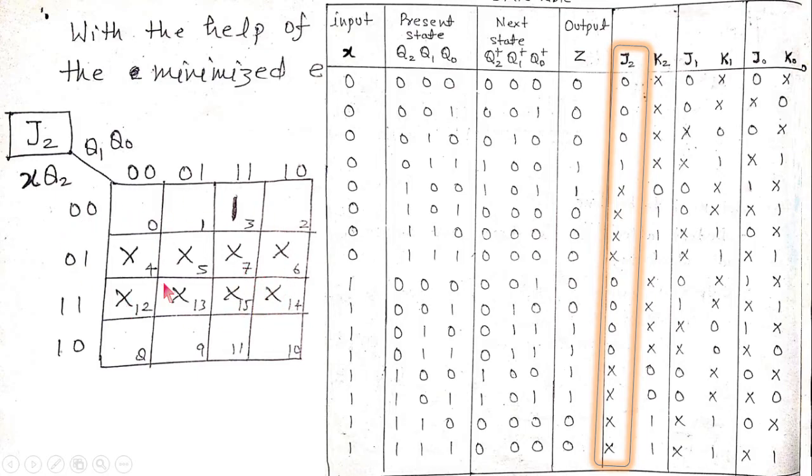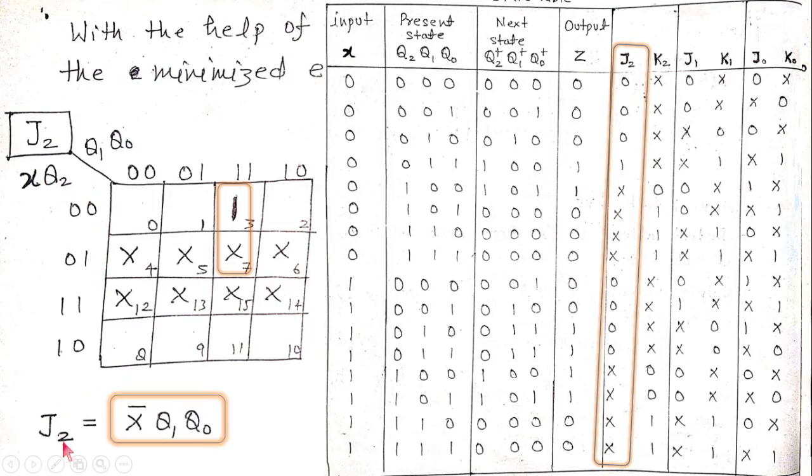Now the next procedure is making the octet or quad or pair or singlet. So here, if we combine this 1 with this x, we can make a pair, because if we make a pair we will reduce one variable. So let's make the pair and write down the expression. 1 1 means Q1 and Q0 will be in the expression, and here 0 0 and 0 is the same, so x will be there with the bar, and Q2 is changing, hence Q2 is removed.